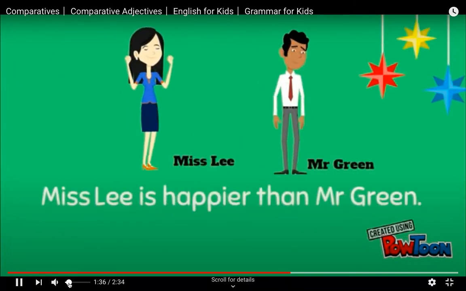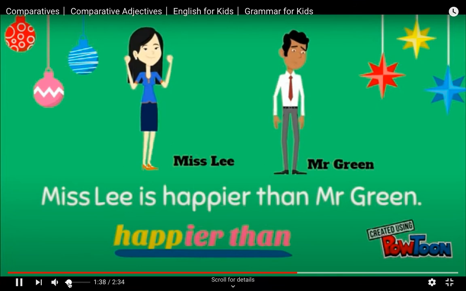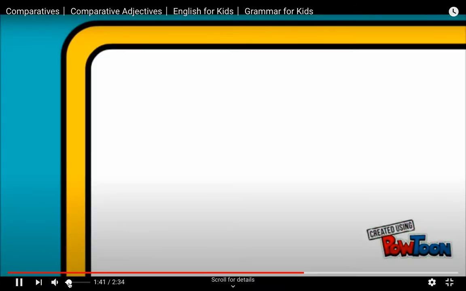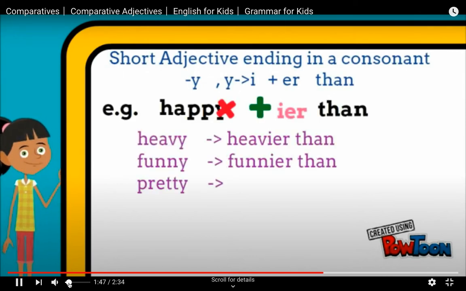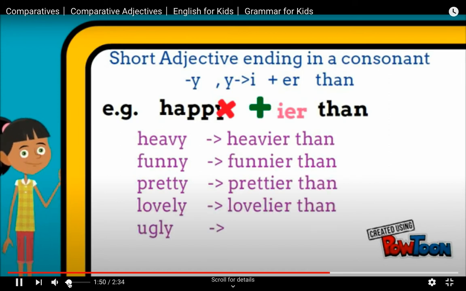Miss Lee is happier than Mr. Green. Happier than. So when a word ends in Y, we take out that Y and replace it with an I and ER. These are some examples.